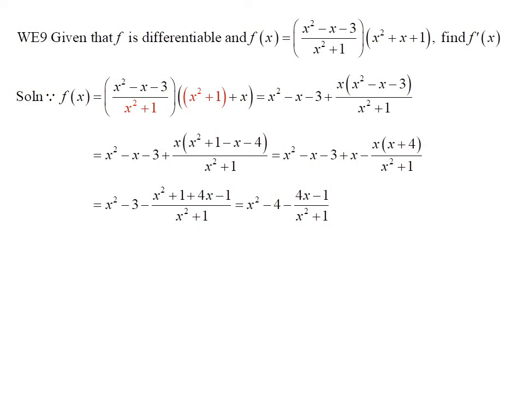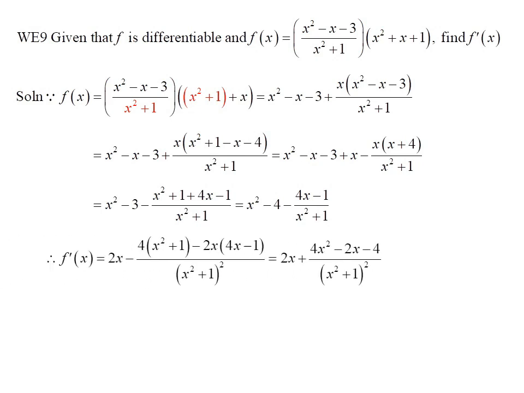Up to this stage, we may use the quotient rule to work out its derivative. Hence, f prime of x equals 2x minus the ratio of 4 times x squared plus 1, minus 2x times 4x minus 1, to the square of x squared plus 1.